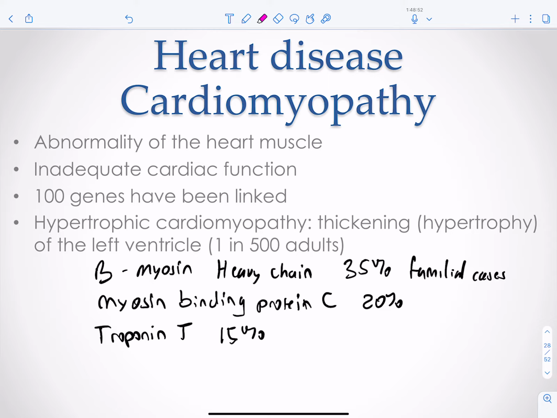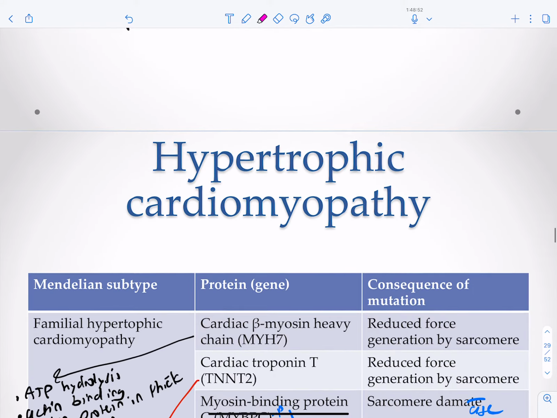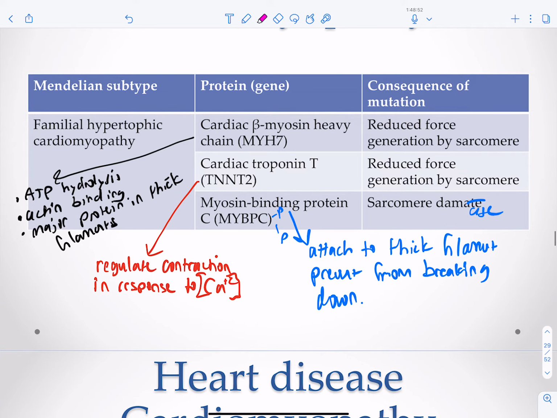You have beta myosin, which in the heavy chain is going to have about 35% of risk in familial cases. Myosin binding protein C is about 20%, and troponin T is about 15%. And so here, we're just going to go through a few of these.